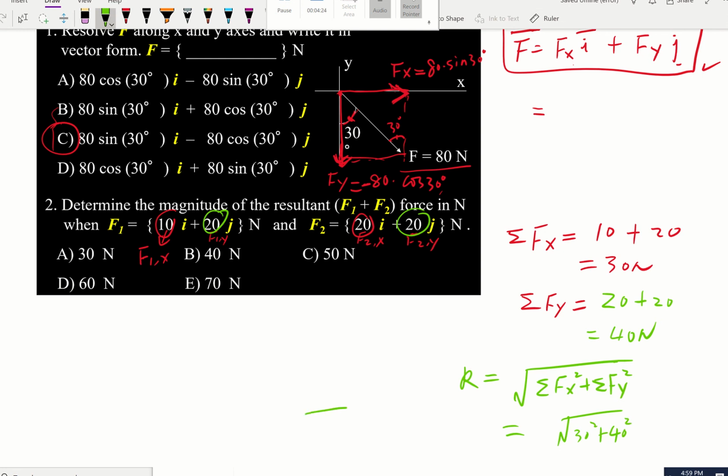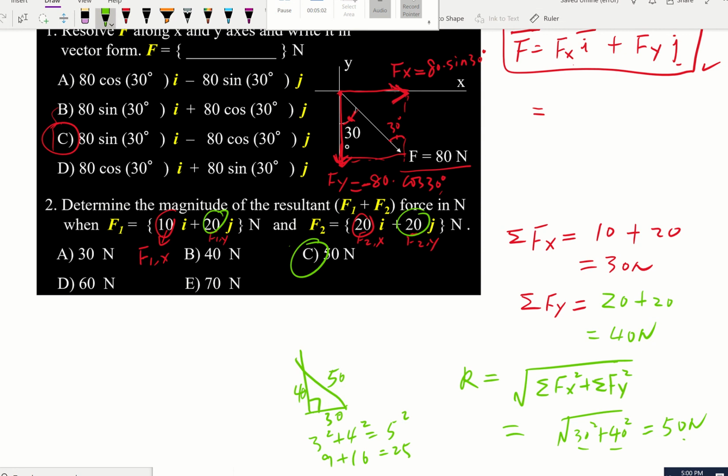We know 3 and 4 make a right triangle, 3, 4, that'd be 5, because 3 squared plus 4 squared is equal to 5 squared. 9 plus 16 equals 25. So you can scale it up, times 10, 30, 40, that would be 50. So that'd be 50 Newton. Then we know the answer is C.